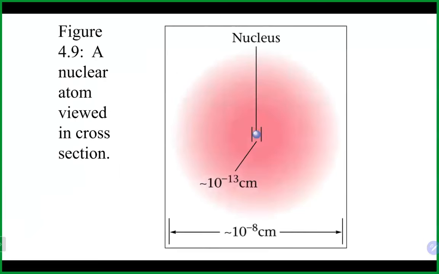Here is a picture of what an atom looks like. This pinkish color is that empty space, sometimes referred to as the electron cloud. It's really a probability map, and you can see the distinction on the screen. Darker areas mean a greater probability of finding an electron in the atom, and lighter colors as you move outward mean less probability.